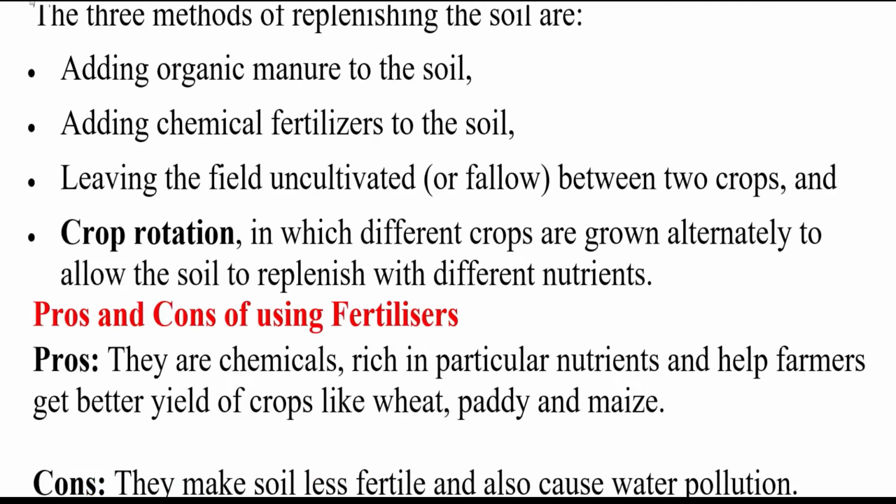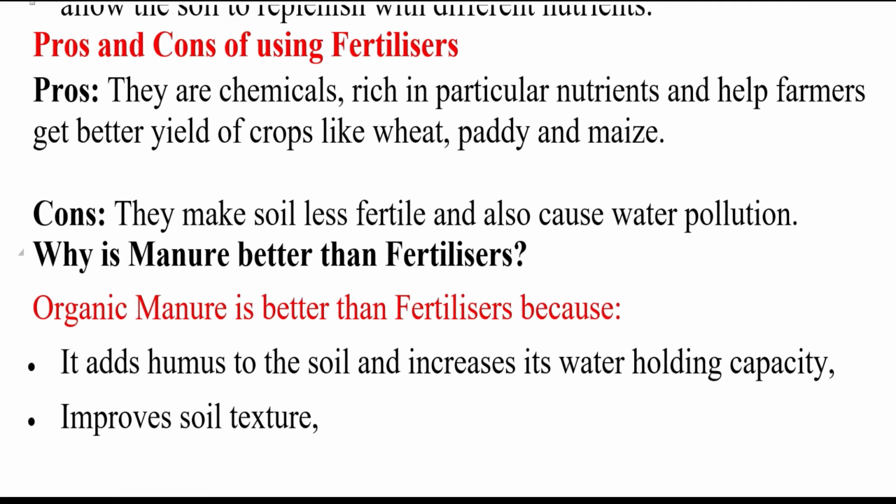And see here, the pros and cons of using fertilizers are given. The pros: they are chemicals rich in particular nutrients and help farmers get a better yield of crops like wheat, paddy and maize. The cons: they make soil less fertile and also cause water pollution. Why is manure better than fertilizers?